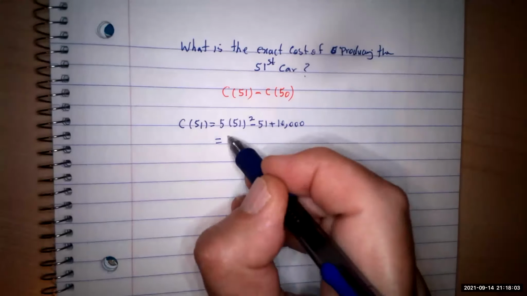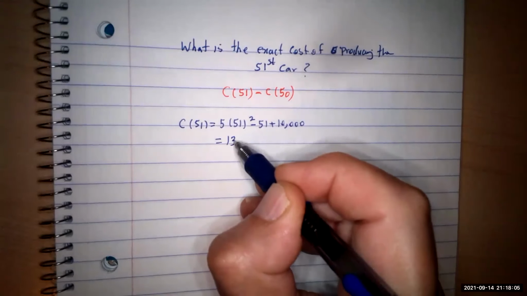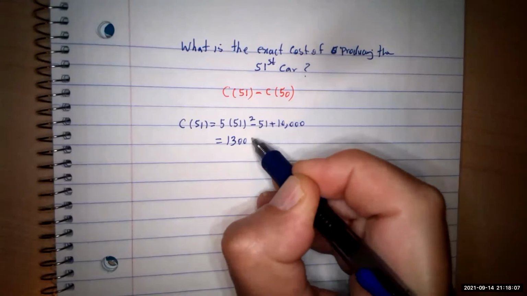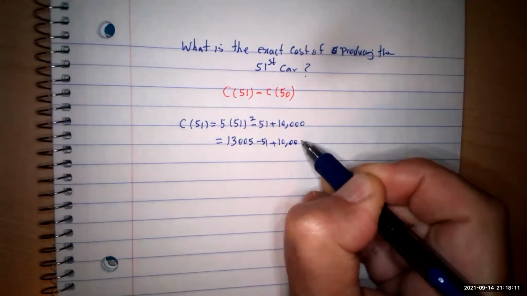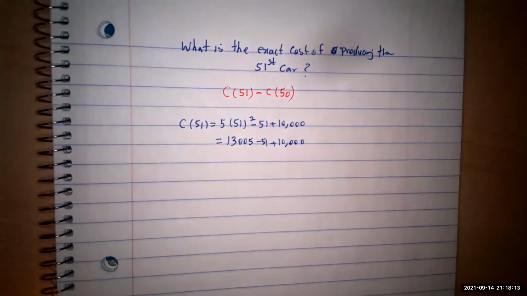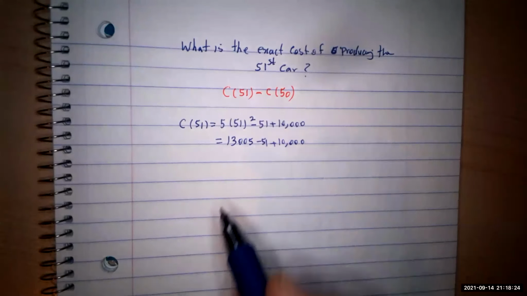That gives us 13,005, and then minus 51 plus 10,000.